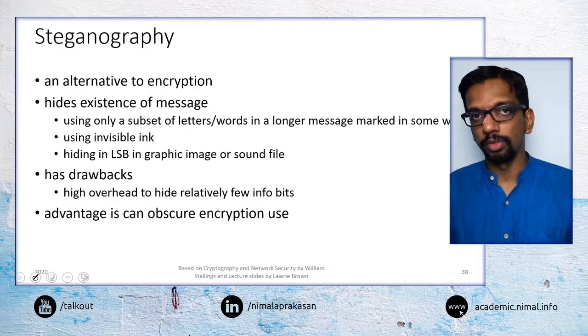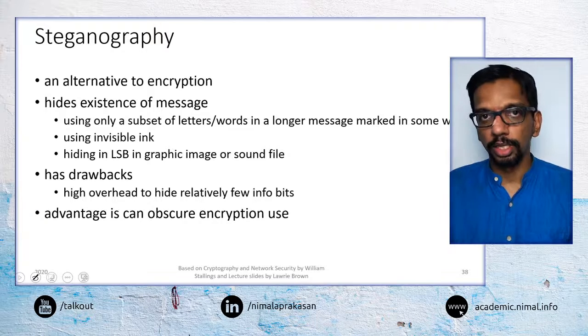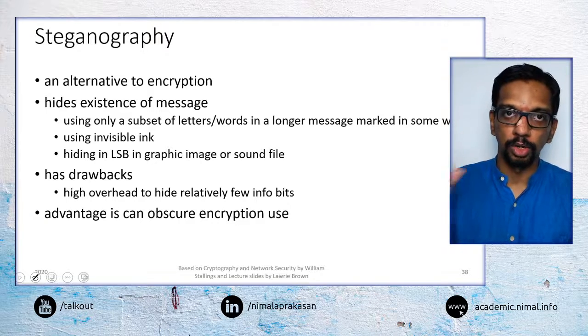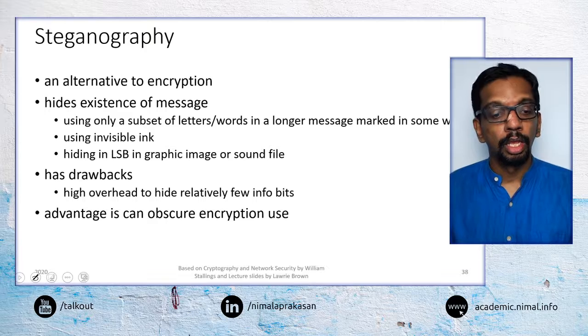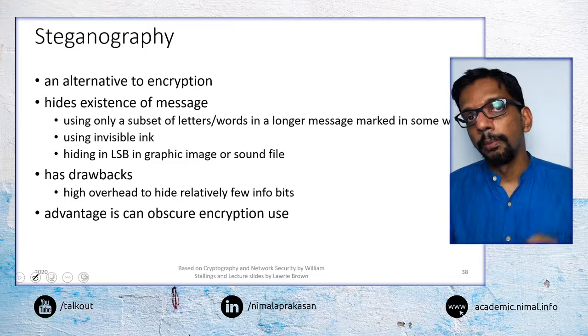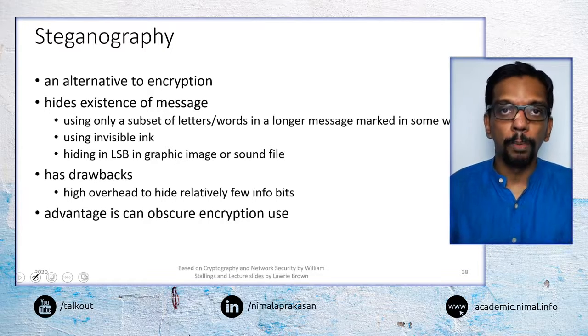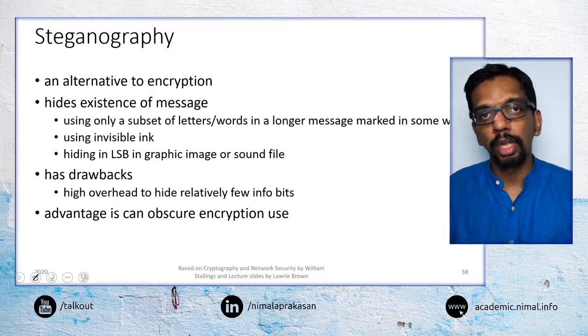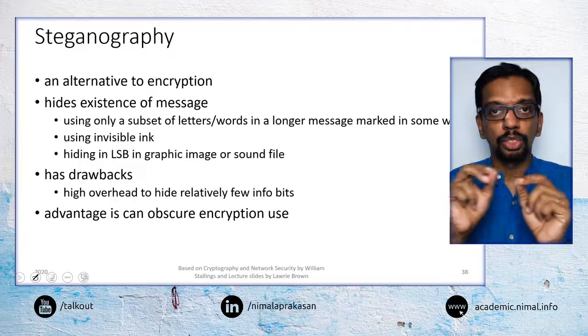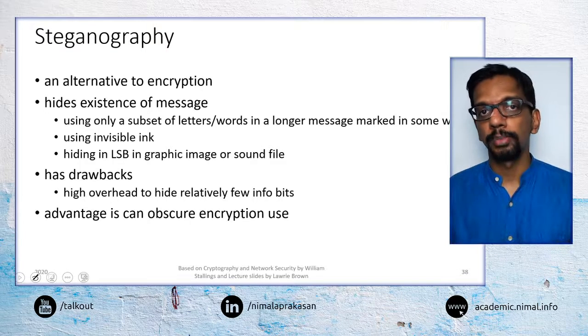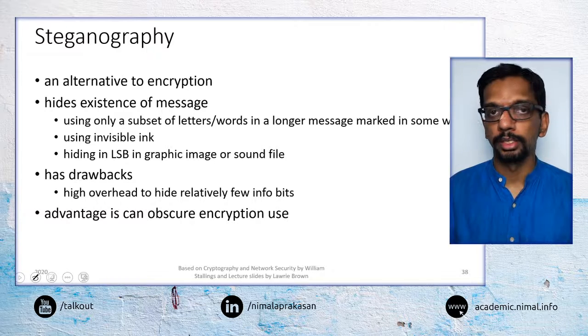You will see a lot of marks and you will figure out, okay, there's some text happening, so some steganography happening here. But the advantage of this type of method is that other people will not know, or it may be difficult for others to guess or see that you are communicating something secretly, and that may be necessary.